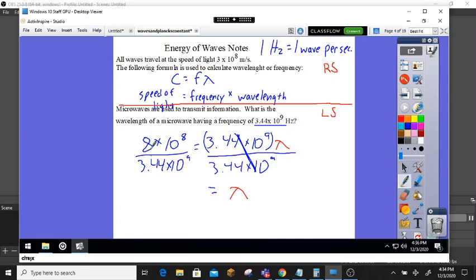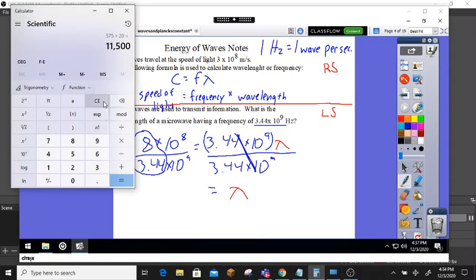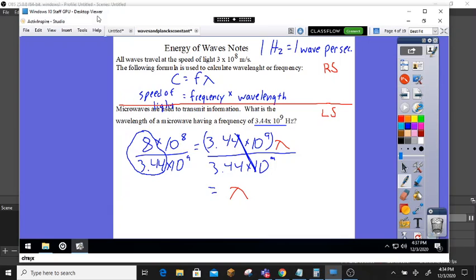Okay, so now we're going to do 3 times 10 to the 8 divided by 3.44 times 10 to the 9. If you remember how to solve these problems, they are not hard to solve. This stuff right here, I'm going to do that first. 3 divided by 3.44 gives me 0.87.